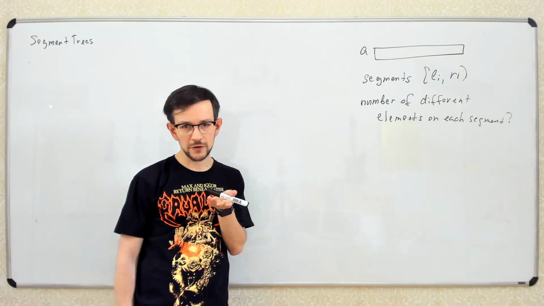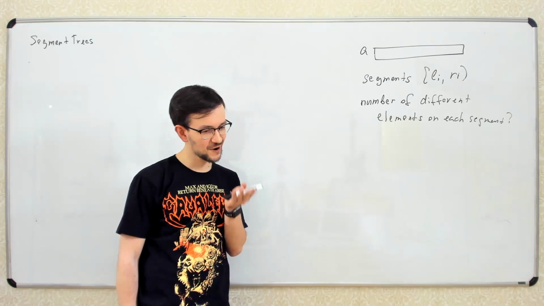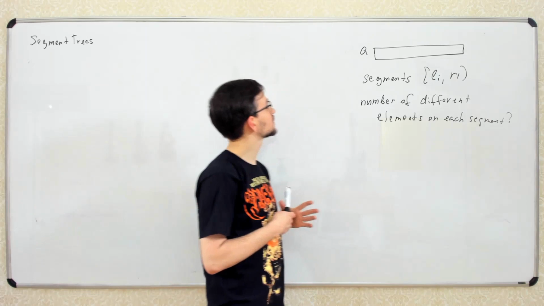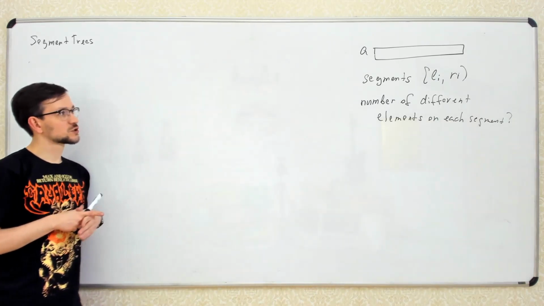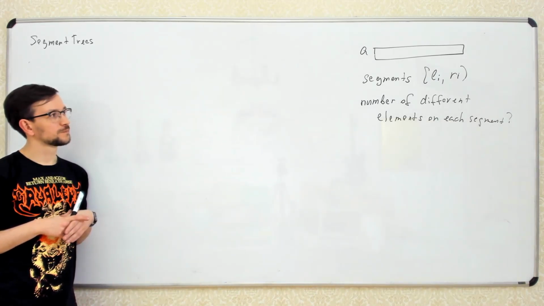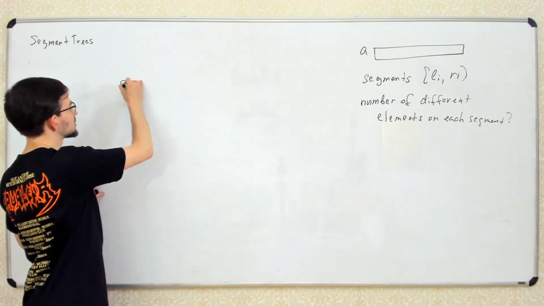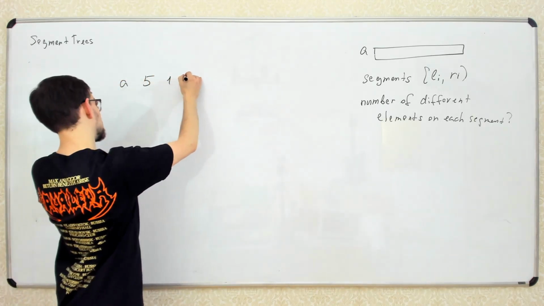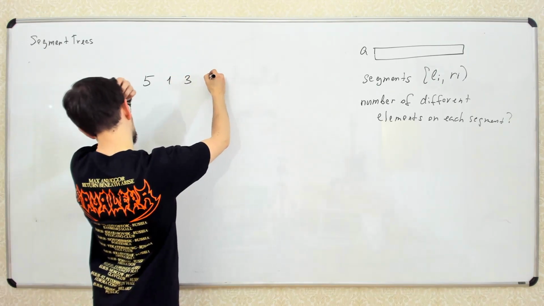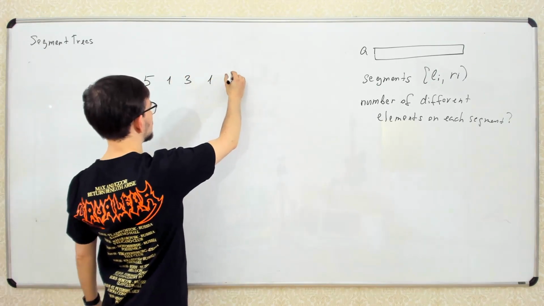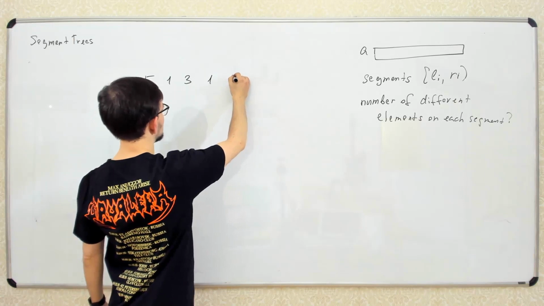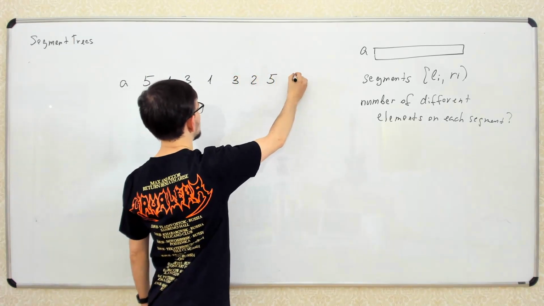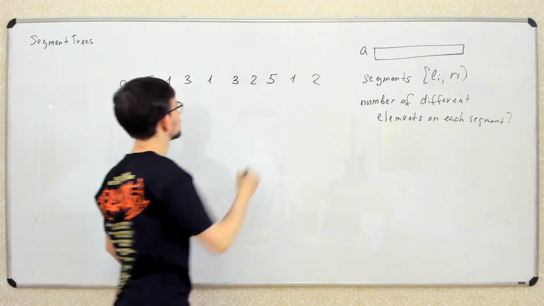Lazy propagation. We talked about lazy propagation like half an hour ago. Let's go. Let's have some array like 5, 1, 3, then another 1, then another 3, then 2, and 5 again, 1, and so on.